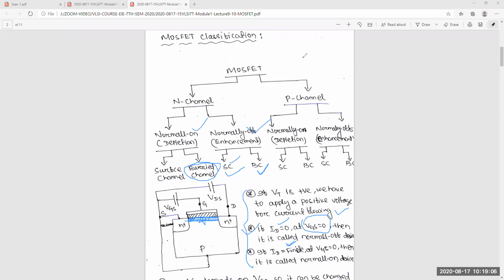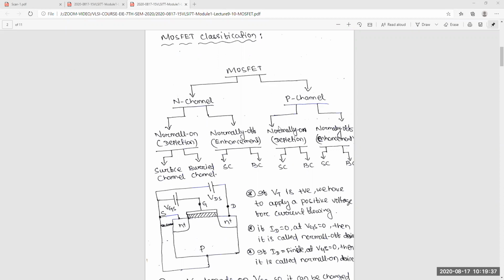Yes, sir. To turn on the device, VGS must be equal to or greater than the threshold voltage. But for a normal N channel MOSFET, if your threshold voltage is positive... What is the threshold voltage?